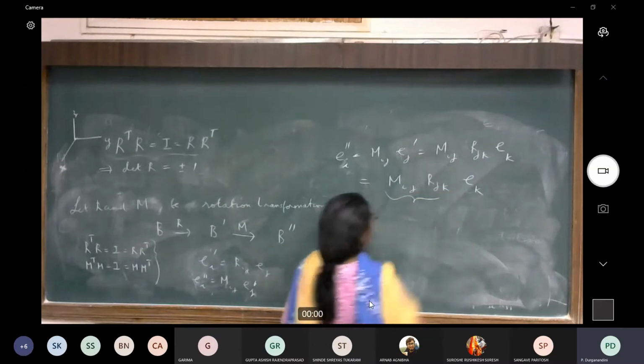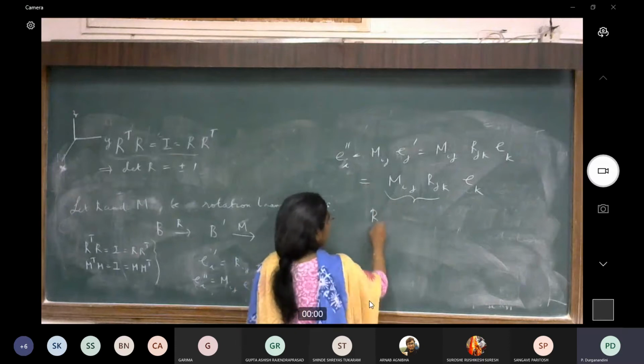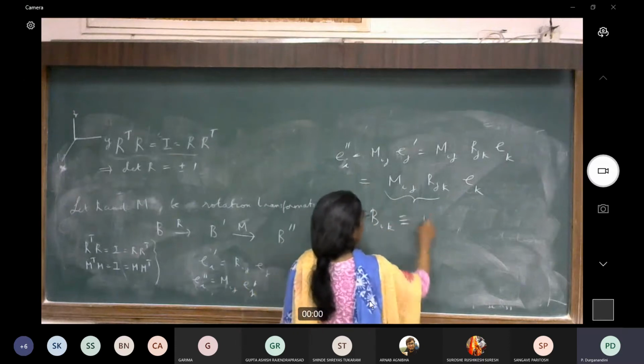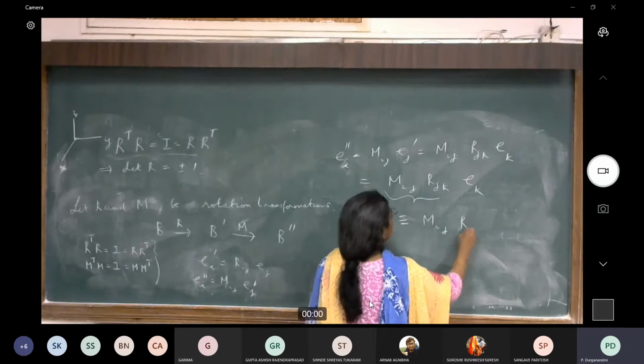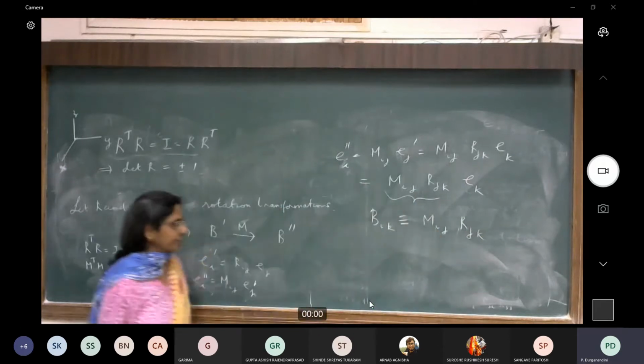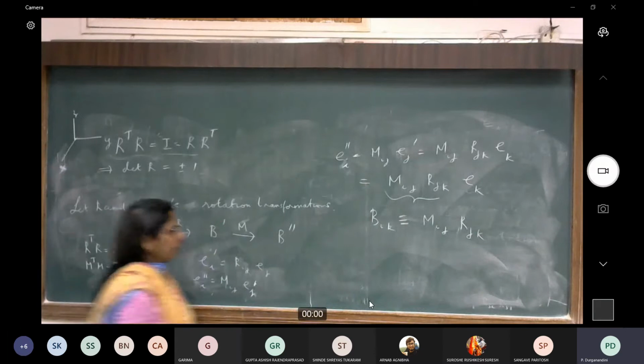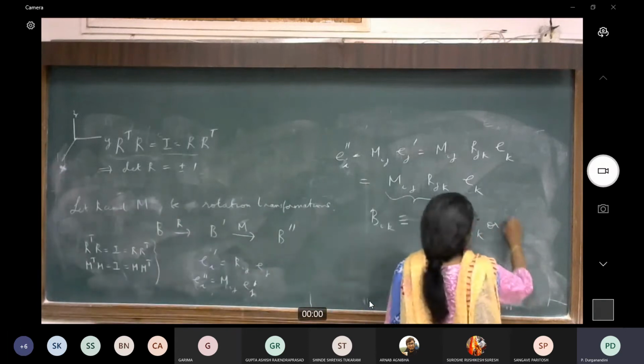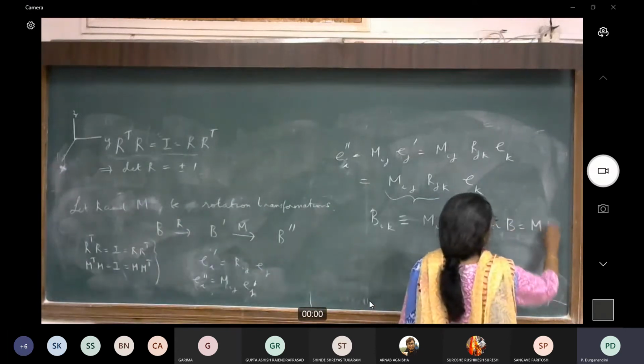And whatever this resultant is, let's call that B. So my Bik is nothing but Mij Rjk. You can see that it's like multiplying two matrices, so it's like M times R. Or if I write it in compact form, B is equal to MR.